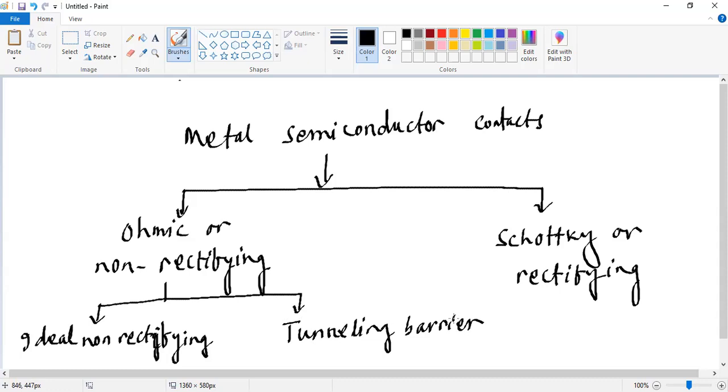What is the ohmic contact between metal and semiconductor?